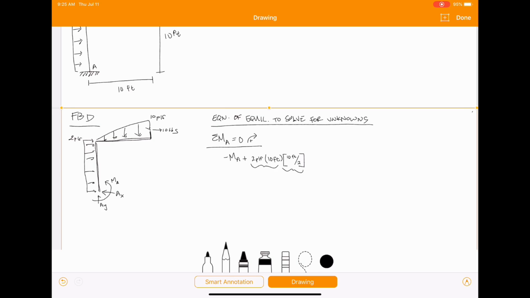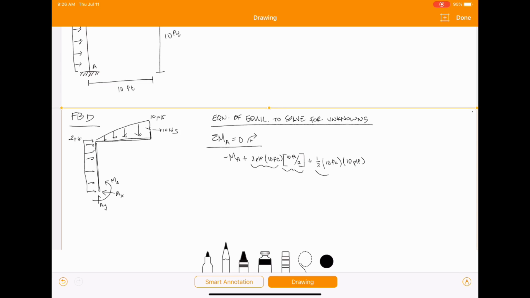Okay, now we can look at the triangular distributed load, and that is also going to cause a positive moment. So we're going to do 1/2 times the base, which is 10 feet, times height, which is 10 PLF.